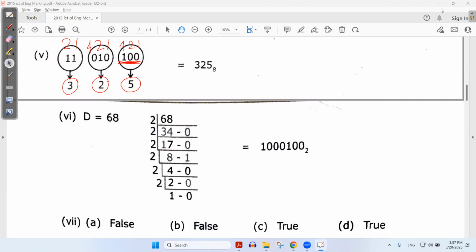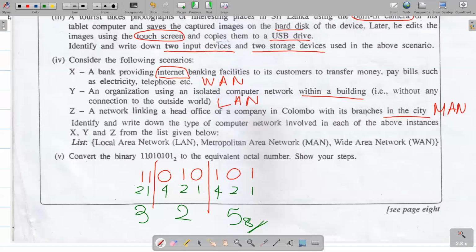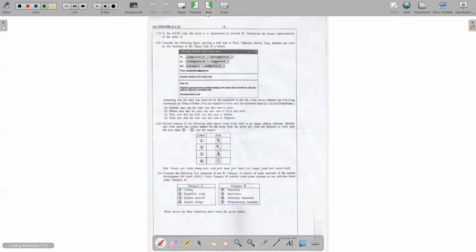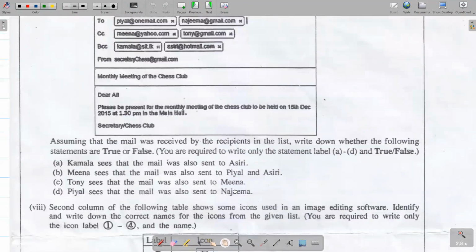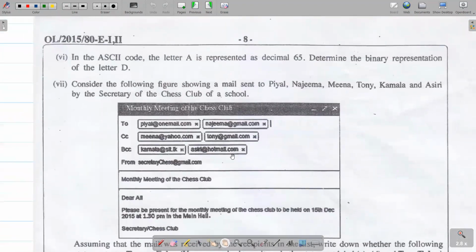And the sixth one, they have said something regarding the ASCII code. In the ASCII code, the letter A is represented as 65. Determine the right representation of letter D. That's easy, right?